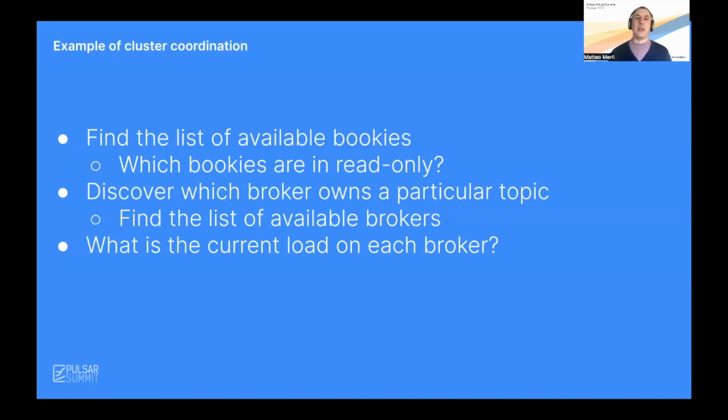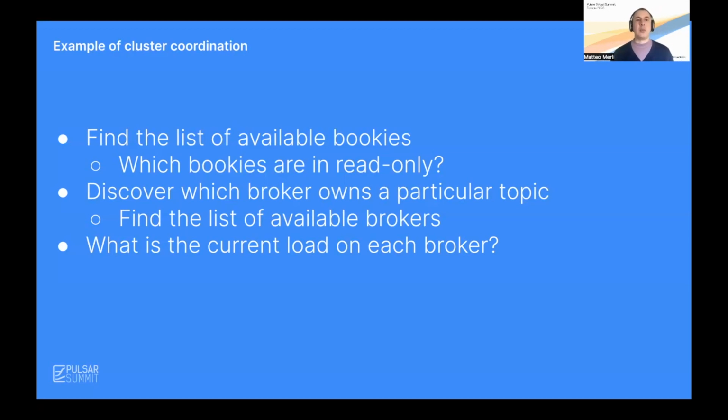But at the end of the day, that has been stored somewhere, and if one of these brokers crashes or gets restarted, this ownership will change. So this is not just a pointer, but it also has to be very dynamic, so that if this broker crashes, the ownership is automatically released, and therefore we can assign the ownership to some other broker.